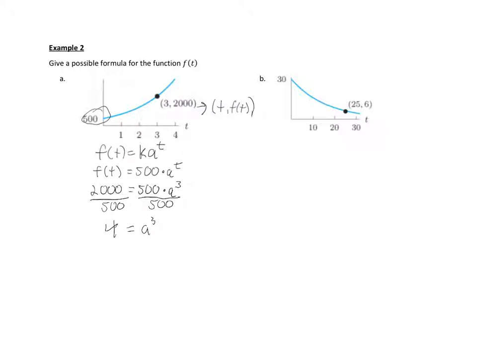And what you're going to need to do is look at that TI-84 video about solving radicals to find this. But what we're going to do is we're going to take the cube root. And so a equals, to 3 decimal places, 1.587. And so now we have everything we need to write this function.